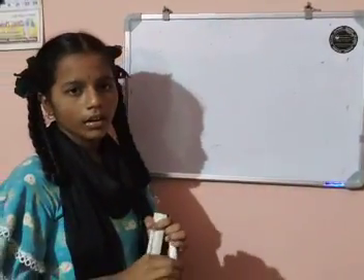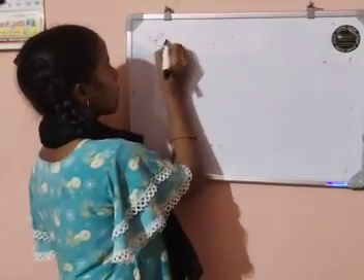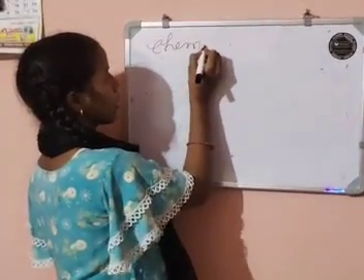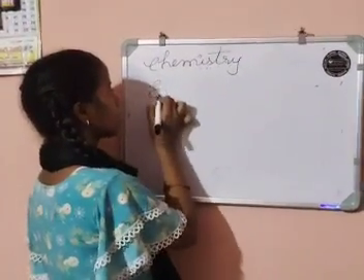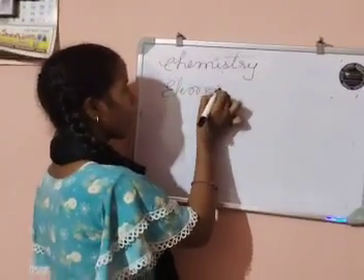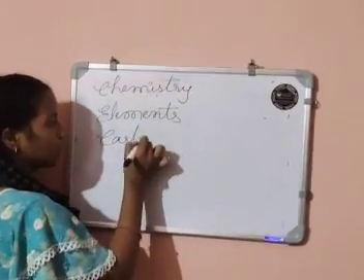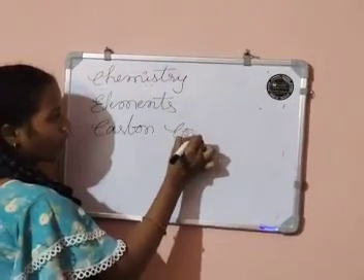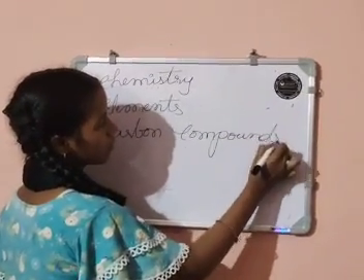Let's revise our total overview. What is meant by chemistry first? Then elements. Then carbon compounds.